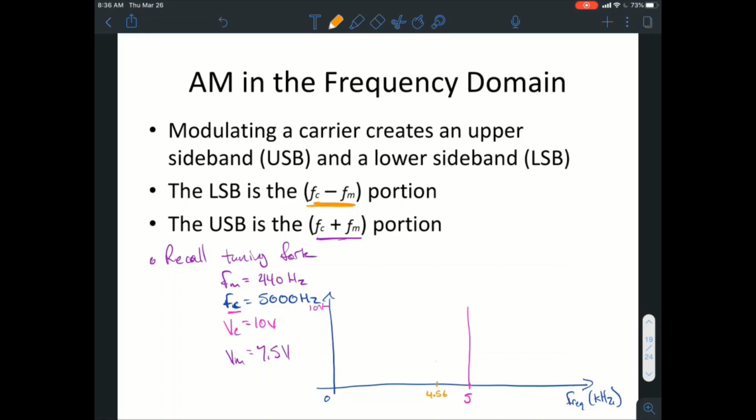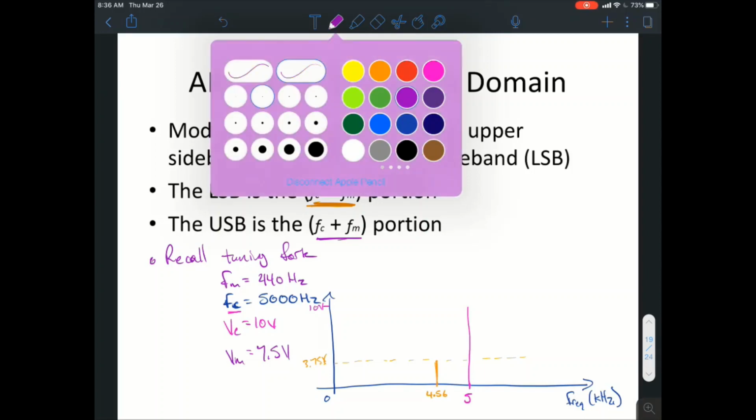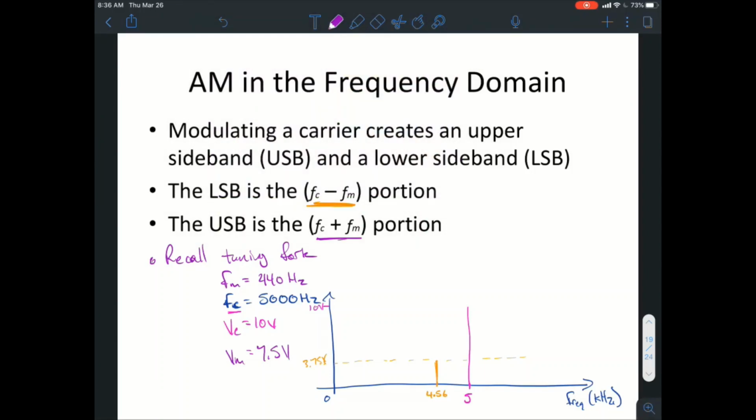So we'll just say that's right there. Bring that down, and we'll call that 3.75 volts. Let's go ahead and add in that upper sideband. We're going to say that that's located here, again, not to scale, 5.44 kilohertz, and put that spike in there.